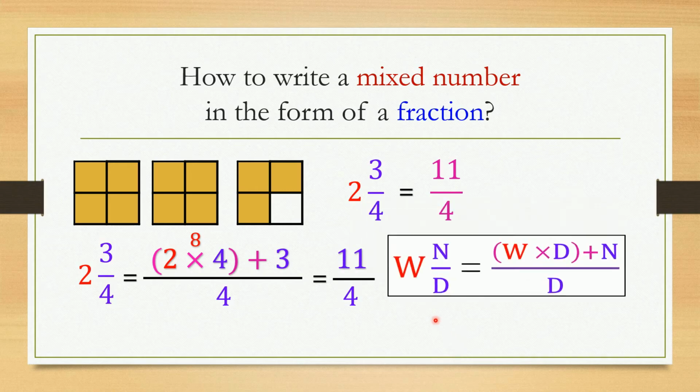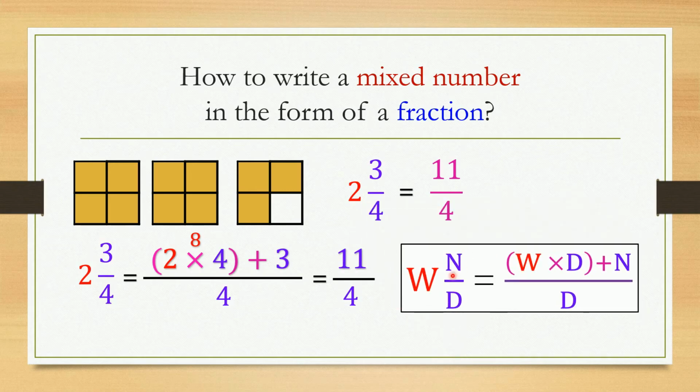So the general form here is, if you have a mixed number that has the form w n over d, whole part and the fraction part, the denominator won't change, it's always over d. You copy the same denominator here 4, and to find the numerator we do w times d plus n. So w n over d is equal to w times d plus n over d.